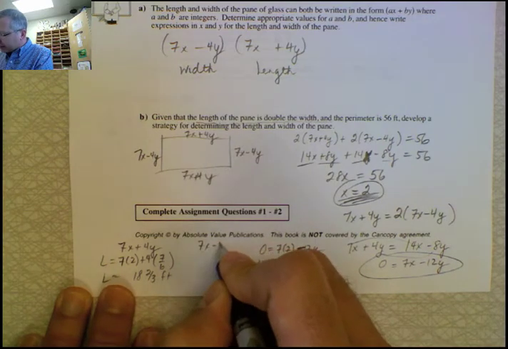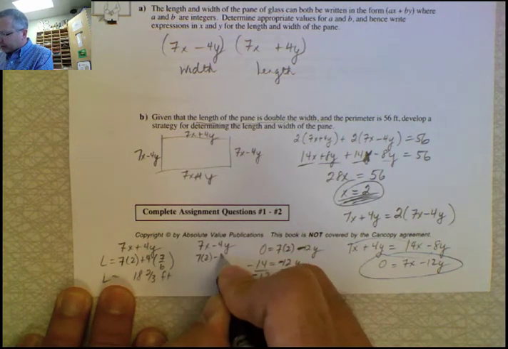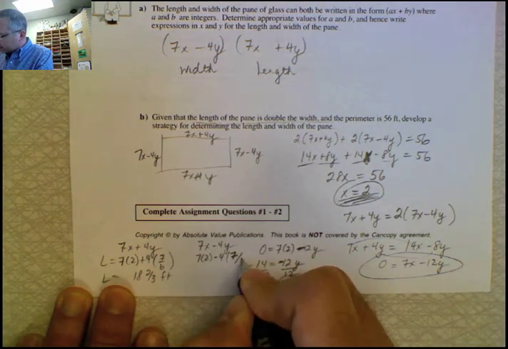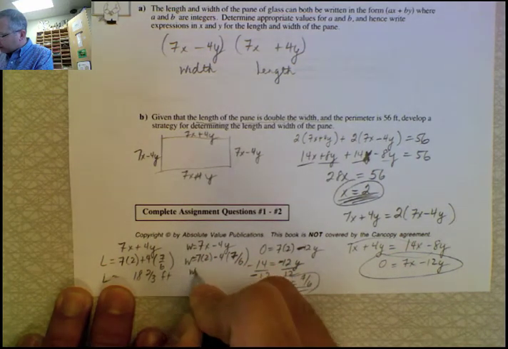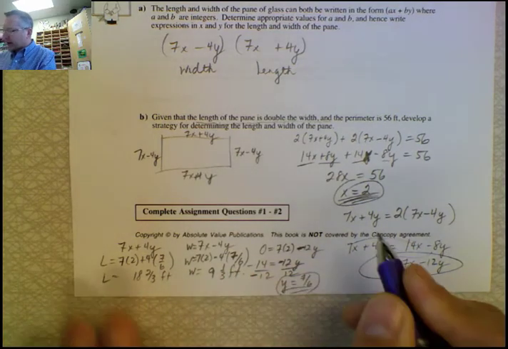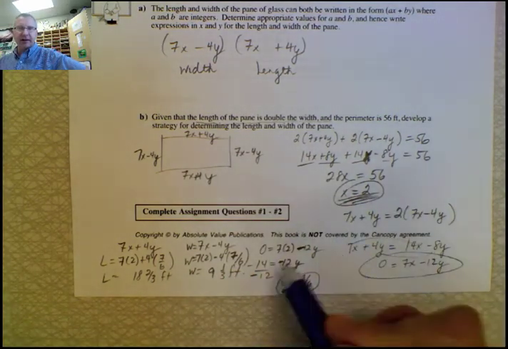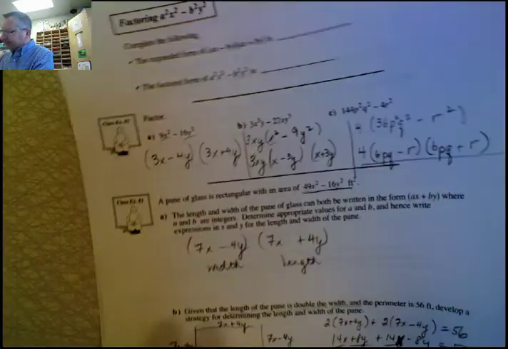If I do the same thing with 7x - 4y, I get 7 times 2 minus 4 times 7/6. So for my width, I end up getting 9 1/3 feet. So I can actually use some equations I set up to help me solve some situations here.